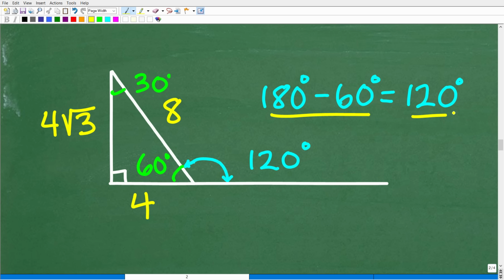Now, if you use trigonometry to get one of these angles, that's fine as well. But I can tell you right now, there are a couple of big points in this problem. One, you've got to be able to recognize special right triangles. This is really, really important stuff.